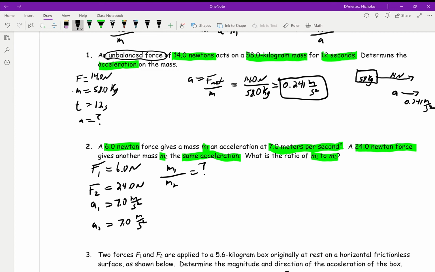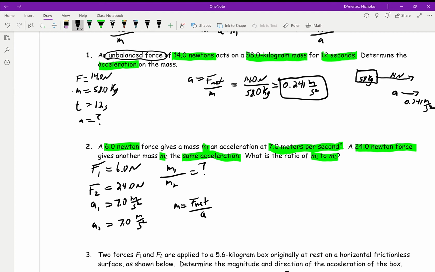Now we know that our equation can be reorganized to solve for mass, where the mass is equal to the net force divided by the acceleration. That's just rearranging our original equation.